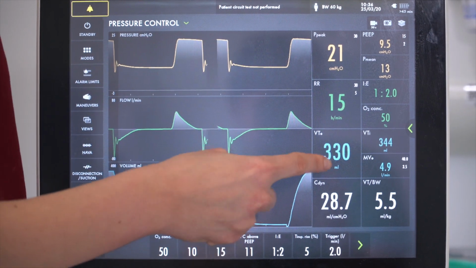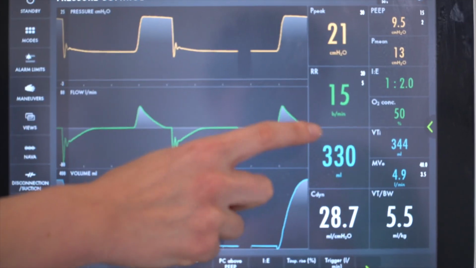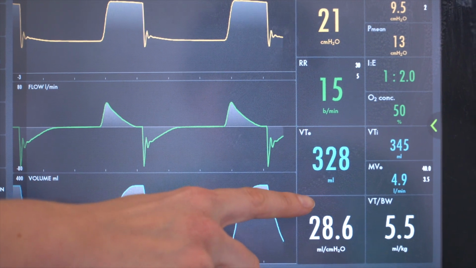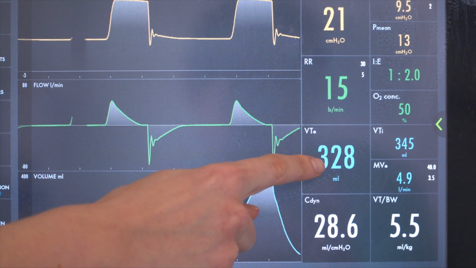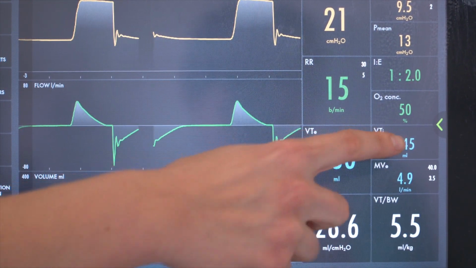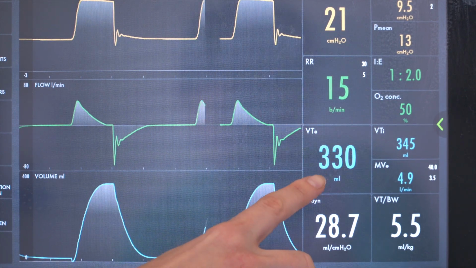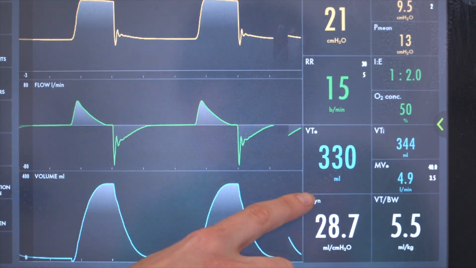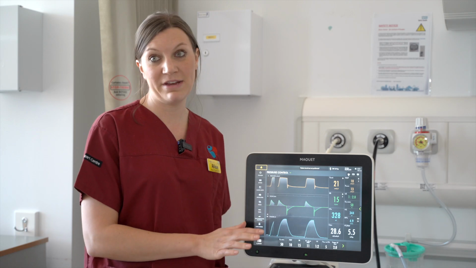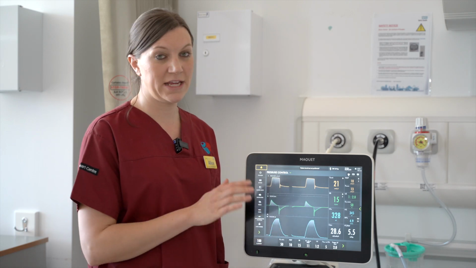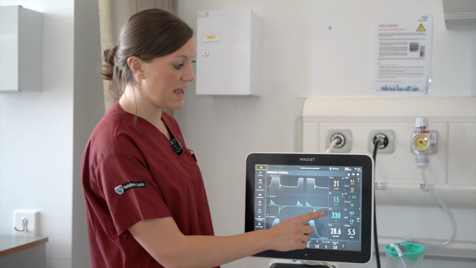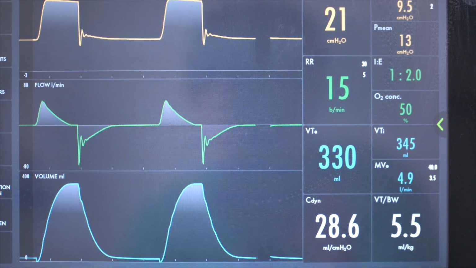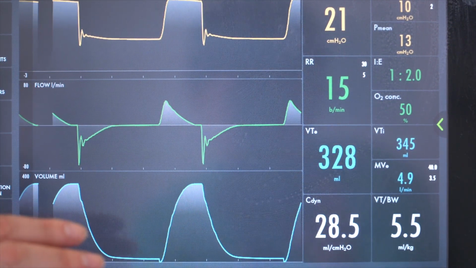Following on from here, you have your tidal volume. There are two tidal volumes on this ventilator, your expiratory tidal volume and your inspiratory tidal volume. You will see that these are very similar in number. If for any reason there is a break or a disconnection in the circuit, you will see there is a significant difference between your inspiratory and your expiratory tidal volume.